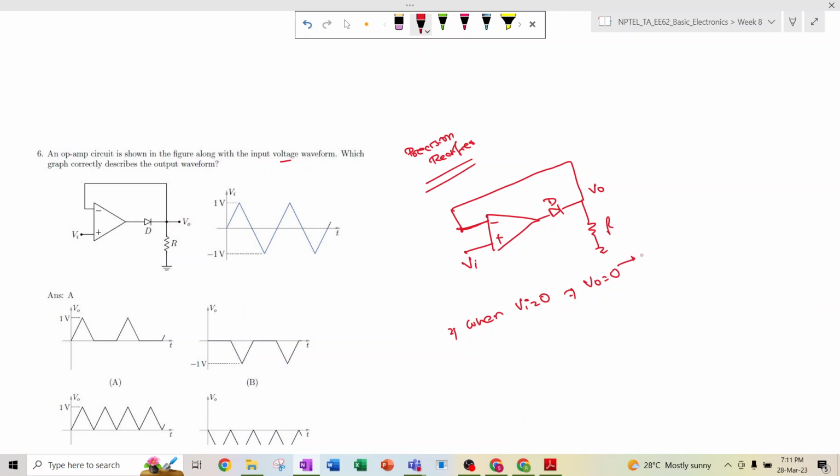So this is case 1. For case 2, if Vi is small positive, then the difference to this op-amp is V plus minus V minus, which is a small positive signal. So Vd is increasing, meaning small positive.